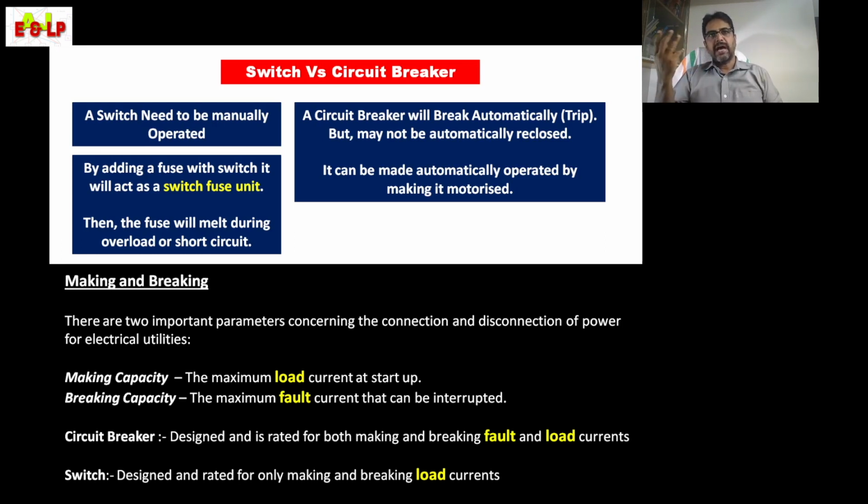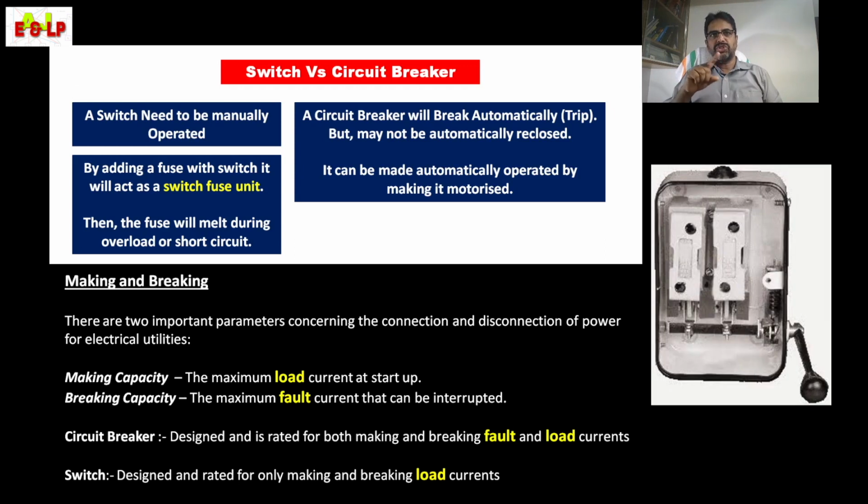At the abnormal current, the switch may not operate, but the switch fuse unit can have a breaking capacity, means kiloampere capacity. Anyway, a circuit breaker has both ratings, making and breaking capacities, but a switch has only making capacity, means making load current or breaking load current.